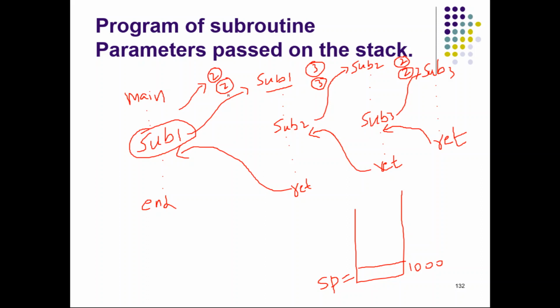So it is 1000 minus 16. What is 1000 minus 16? The first entry will come here, the second here, the third here, and the fourth here. Now the stack pointer will point here.